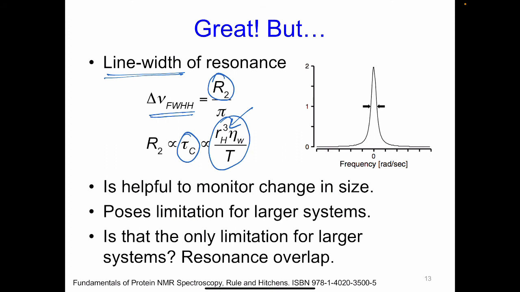For the sake of simplicity, this helps us in our understanding. As the molecular weight increases, the molecular size increases. So the radius increases, which in turn increases the tau c, resulting in very broad resonances. If you might remember, we started with sucrose versus BPTI, where the resonances in BPTI were much broader than those of sucrose. This is the reason that causes line widths to increase.